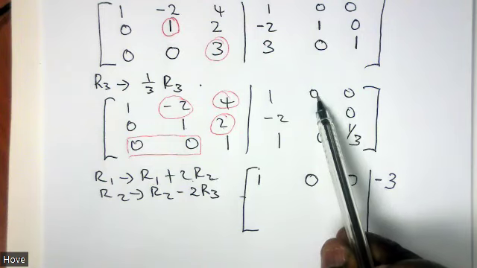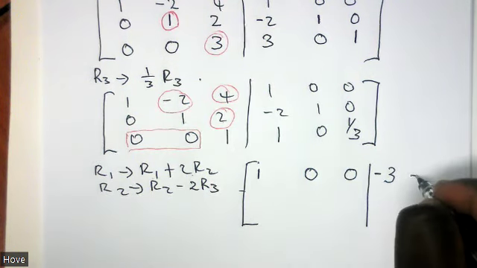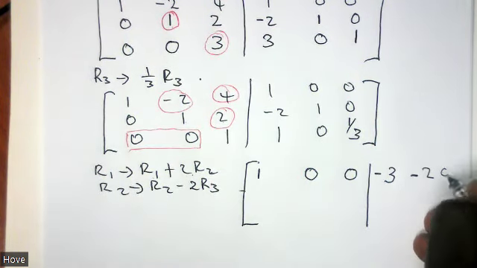Then 0 minus 2 times 1 is minus 2, and 0.